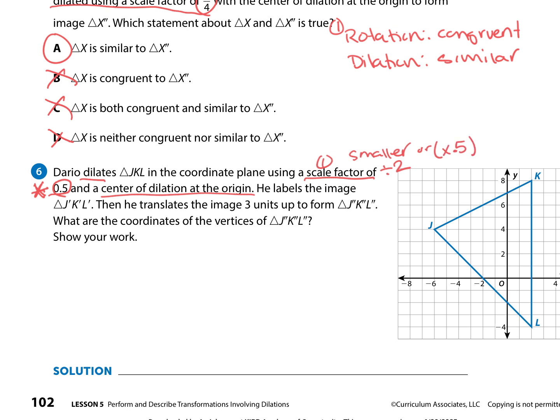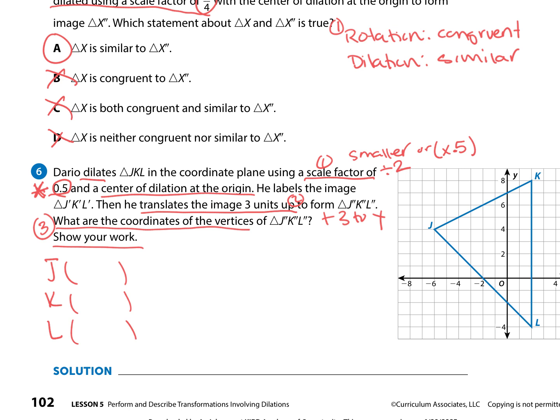Same thing. After that, he's translating 3 units up. That means we are adding 3 to y. What are the coordinates of the vertices? Show your work. Okay, so let's go ahead and write out J, K, and L.